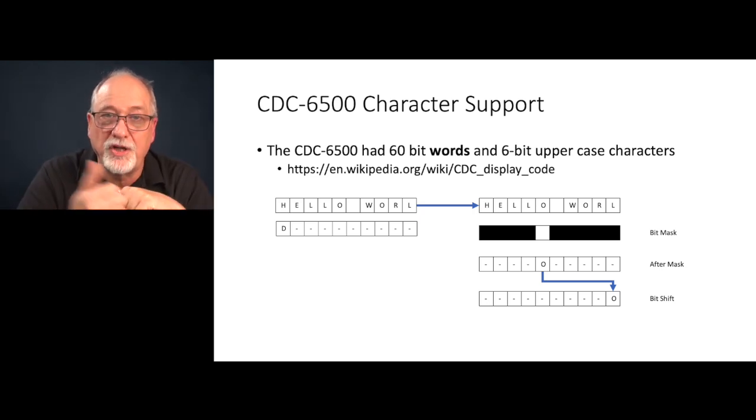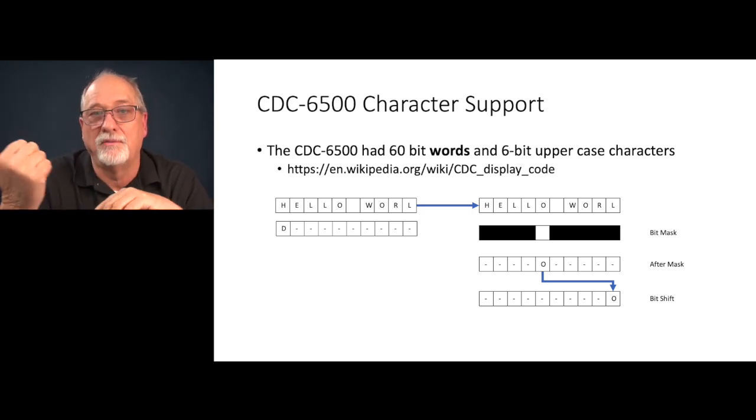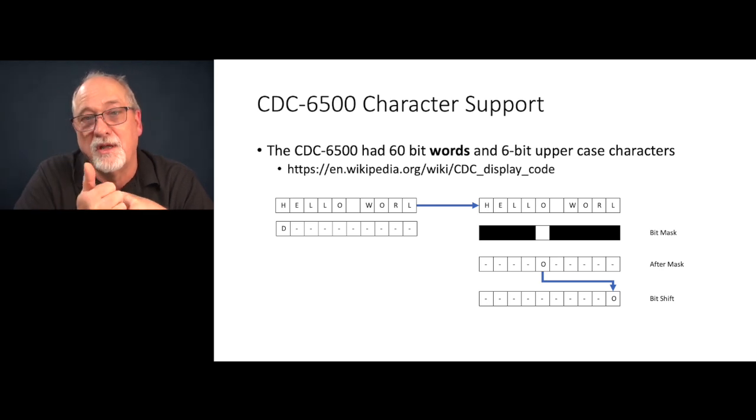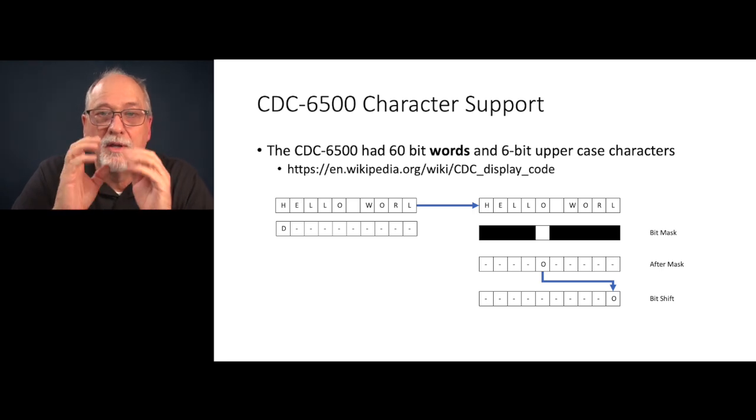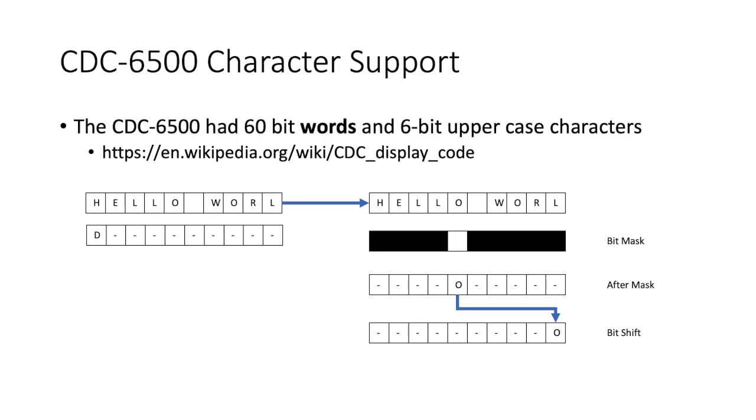Then you would have to shift it half the way down, because there were 10 characters, so you had to shift it 5 characters to the right, and then you would have the letter O in the bottom 6 bits of that word, and then I could write an if statement. That's how I would say if the 5th character is the letter O.